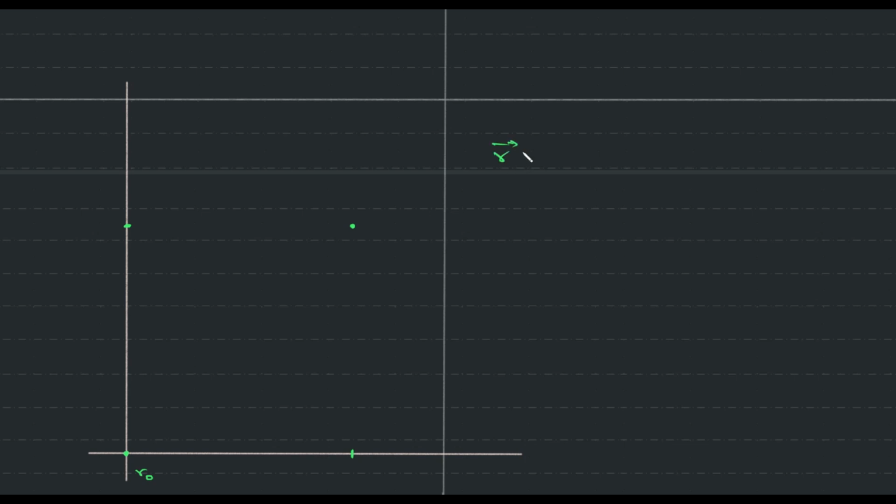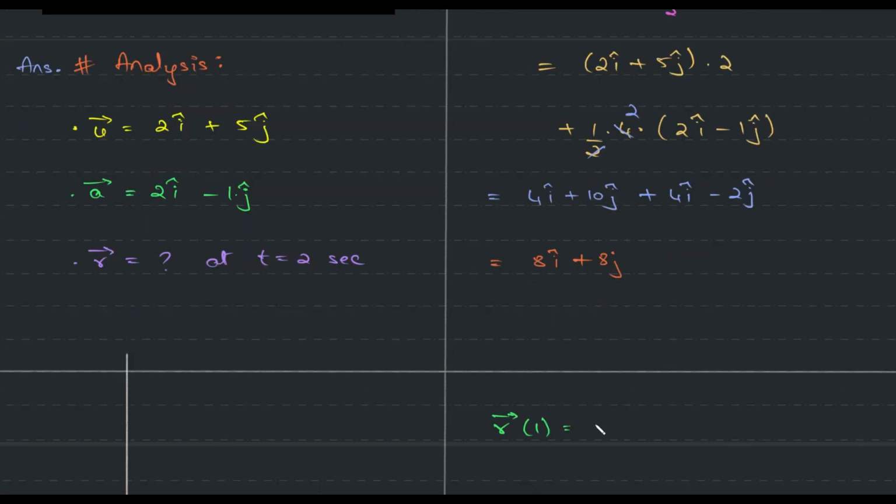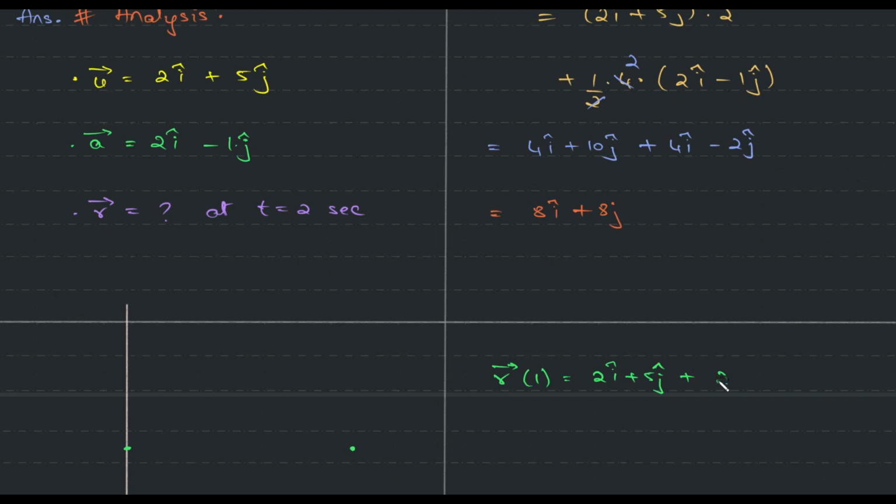So r at 1. So we have 2 i plus 5 j. Since we have to trace the motion, we have to figure out at each point. So this is half itself, so this is i cap minus j cap by 2.